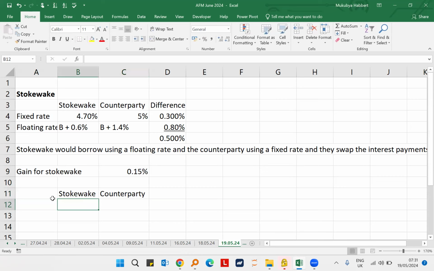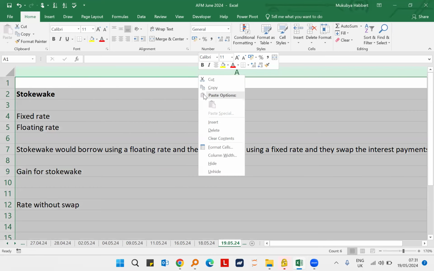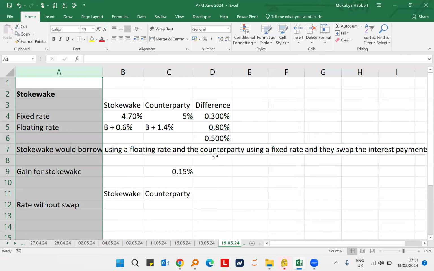So remember that we have said the rate without swap, Stockwake would have chosen to use 4.7%, because remember we have just said that it is beneficial for Stockwake to use a floating rate to borrow, and the counterparty uses a fixed rate and then they swap.